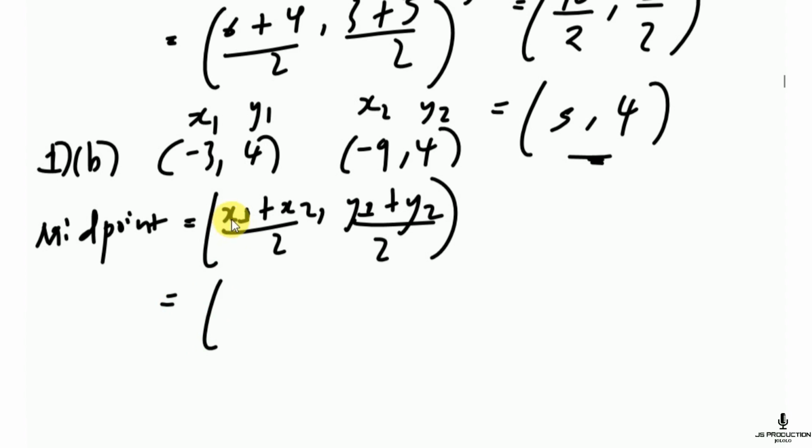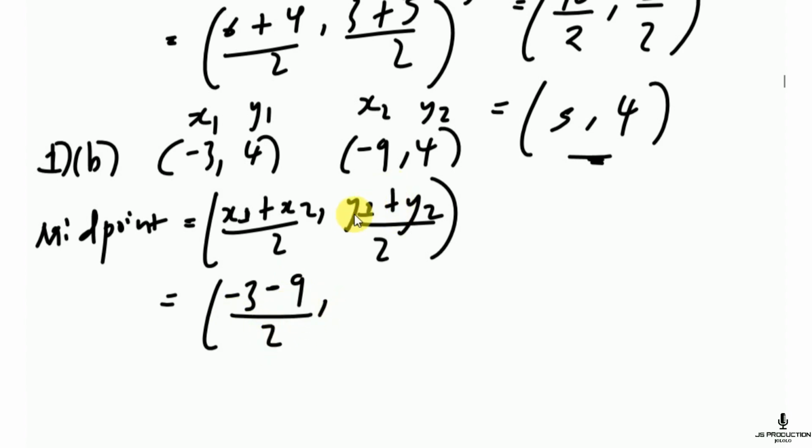My x1 there is negative 3. Then we have a positive there. What about my x2? My x2 is negative 9. So I'm going to say positive multiplied by negative there, we're going to have negative. So this is going to be negative 9 divided by 2.